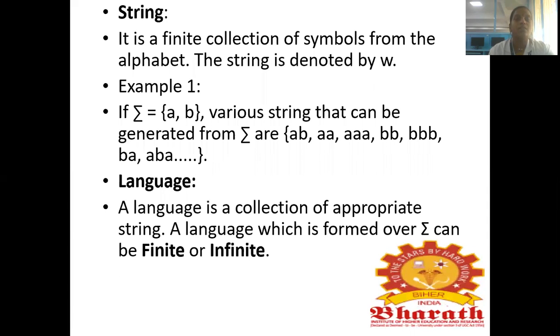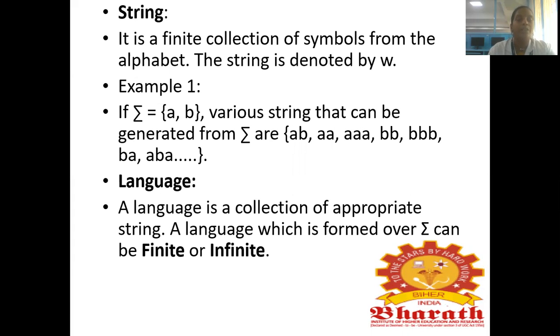Next one is a string. So what are strings? A string is a collection of symbols from the alphabet. It is denoted by W. A string is a collection of characters, alphabets, or symbols from the alphabet.